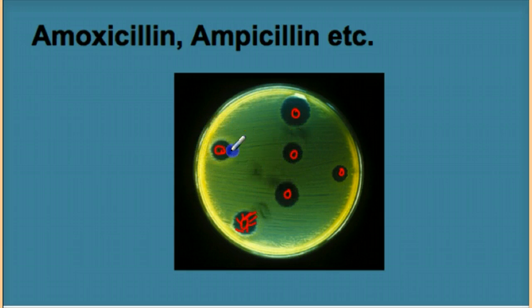So if they're testing six chemicals, A, B, C, D, E, F, that can be used as an antibiotic, most likely I would choose F as an antibiotic because it has a greater zone of inhibition, or most of the bacteria around it is dying out.